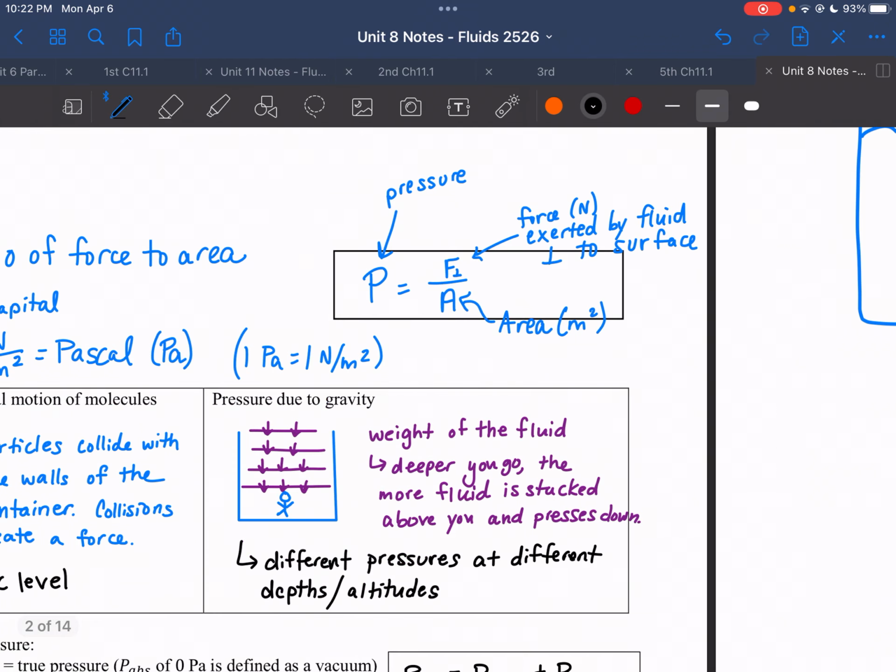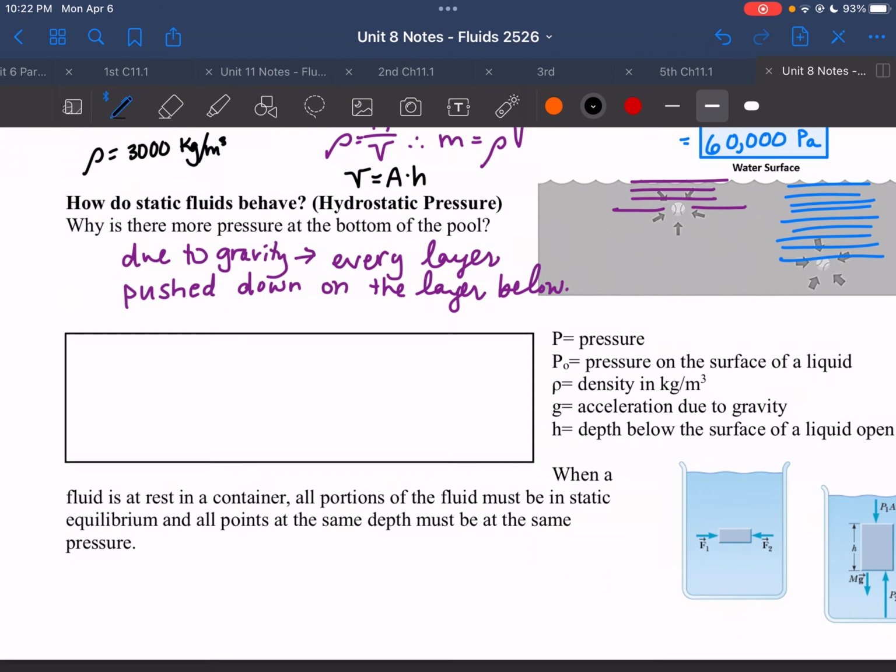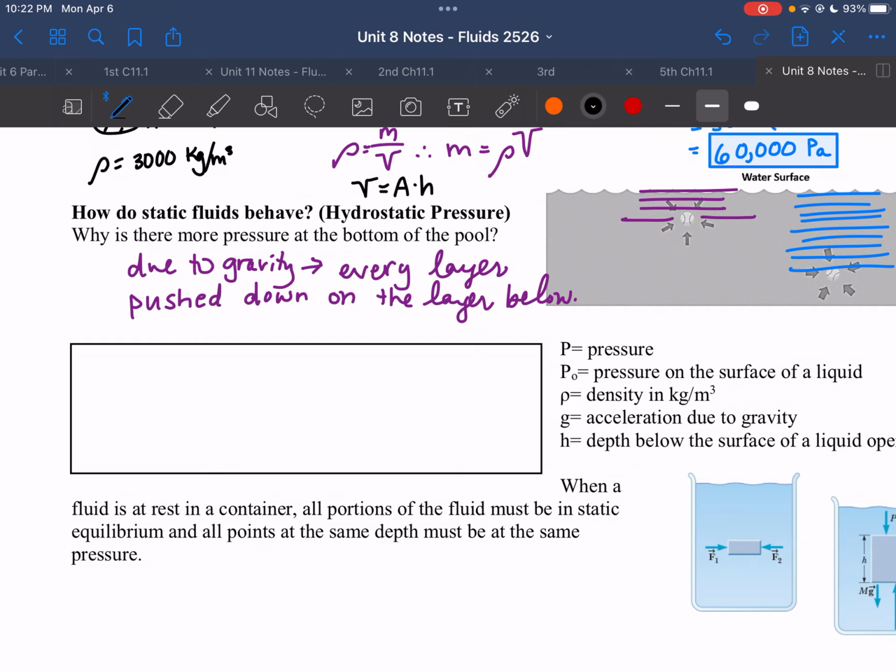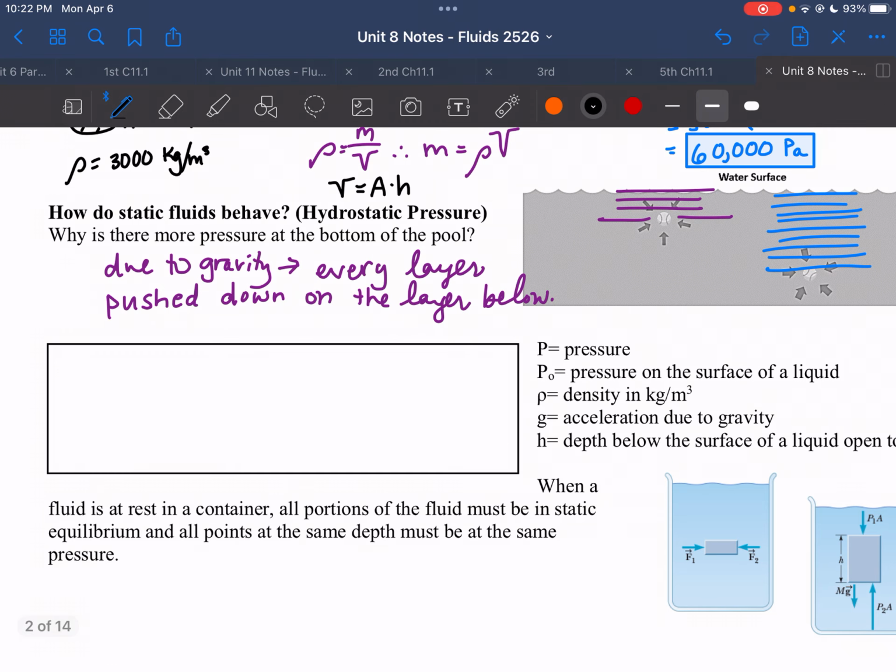So going back to our notes here, we have a couple of different equations we're going to use. The first one is how to find the true pressure, or like the absolute pressure. And what that tells us is that the absolute pressure is equal to the initial pressure at the surface of the liquid plus rho g h.